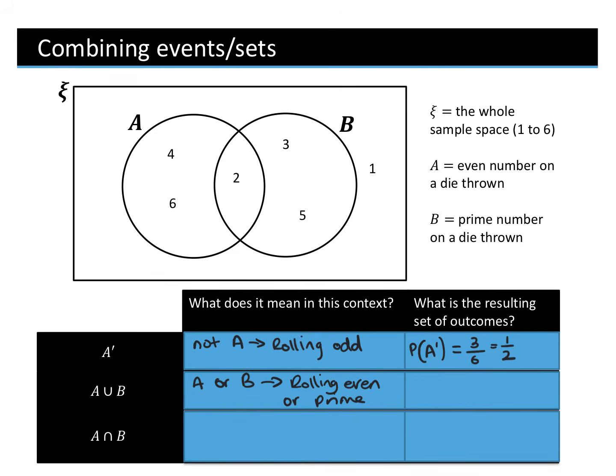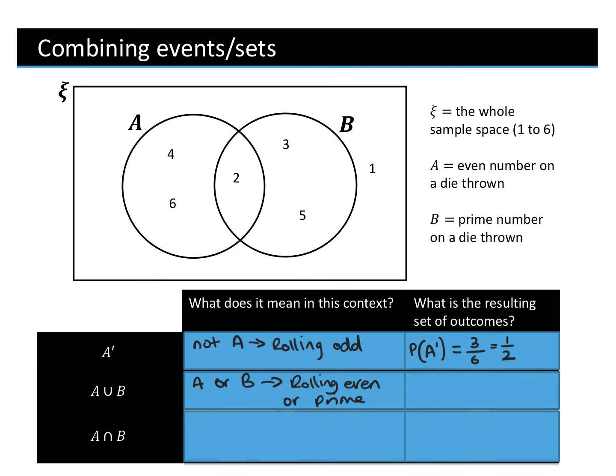Now, what is the probability of... So, the formula that we know, probability of A union B equals the probability of A plus the probability of B, is only valid if they're mutually exclusive. This is not mutually exclusive, okay? We can see by the Venn diagram they're not separated. They have something in common.